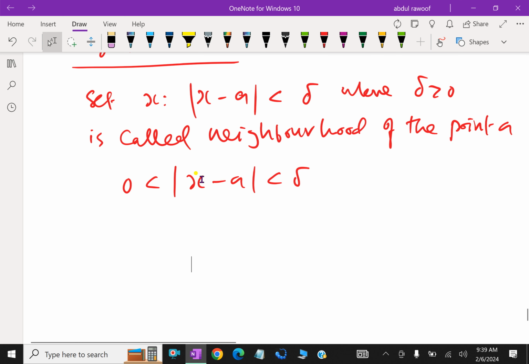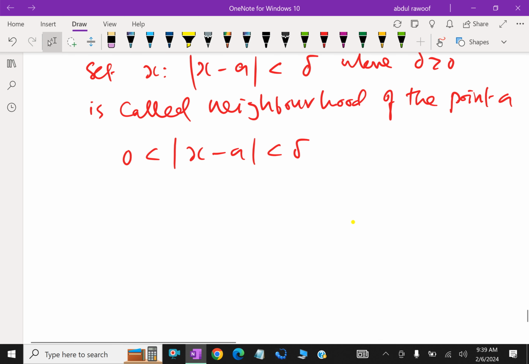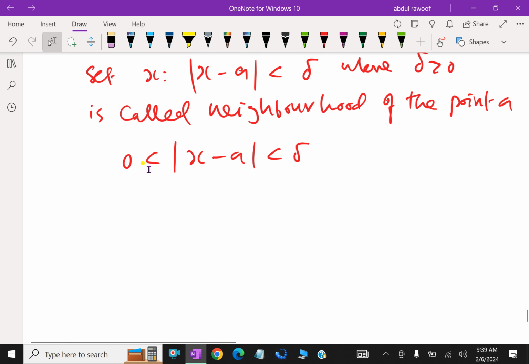That is, the absolute value of x minus a is greater than 0 and less than delta.